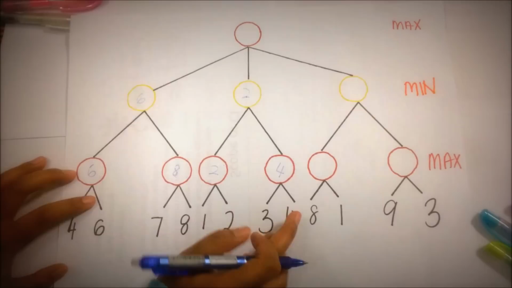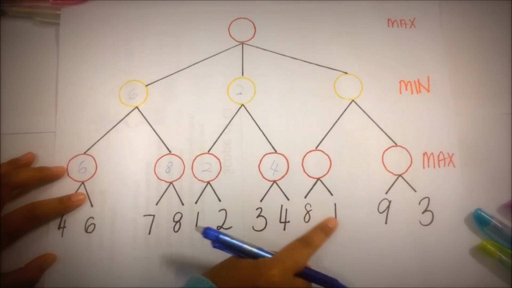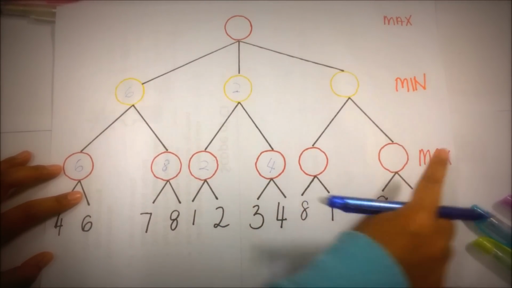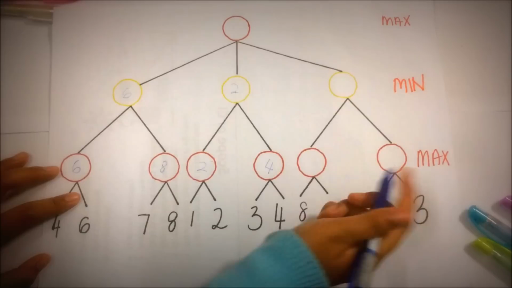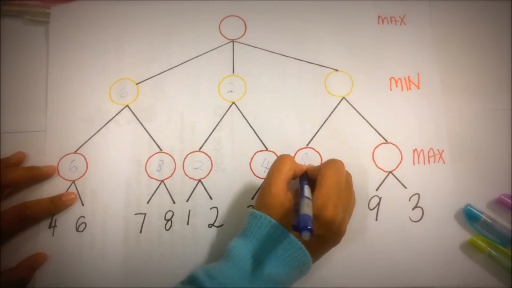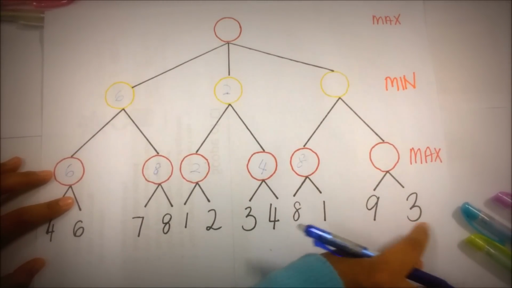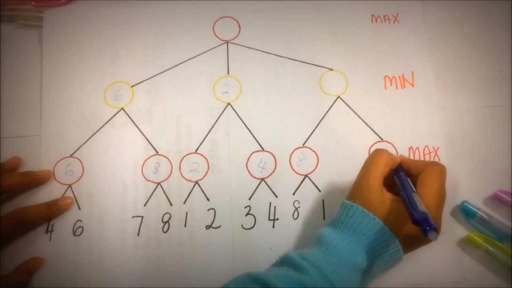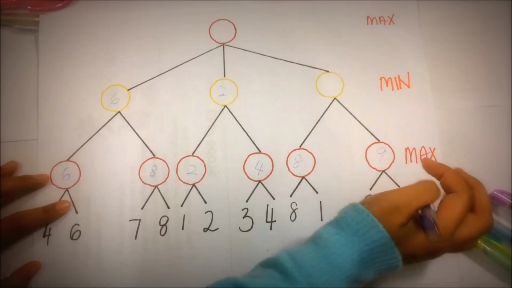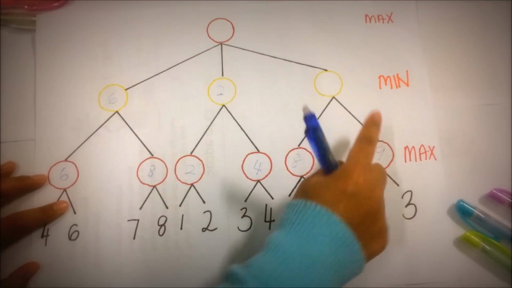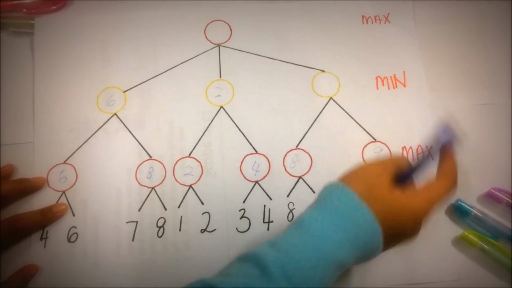Continue. For the rightmost subtree, we have 8 and 1. Since 8 is greater than 1, we will choose 8 as the maximum ancestor. Next, between 9 and 3, we will choose 9.